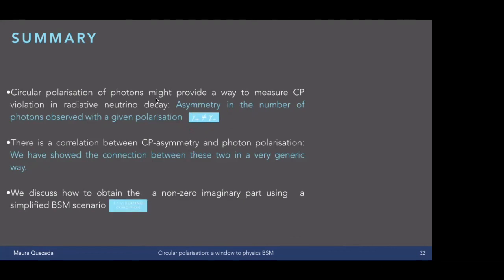There is a correlation between the CP asymmetry and the photon polarization, which I discussed in the second part of the talk, and I showed how these two are connected. We also discussed, using a very simplified scenario, how to obtain a non-zero imaginary part, where I introduced what I call the CP-violating condition.